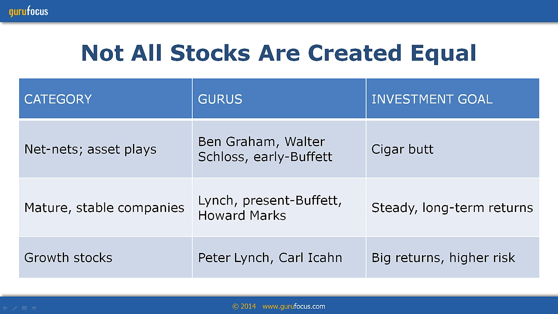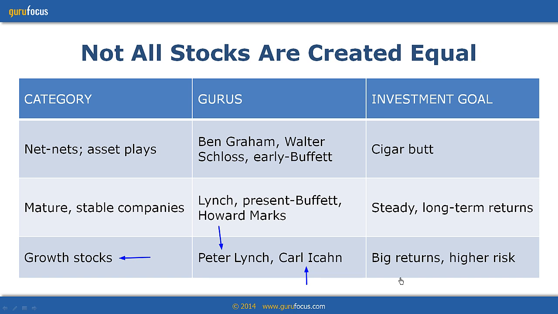And then finally is the category of growth stocks. And this category is always tough for value investors because we want to pay rock bottom prices for stocks, and that opportunity is not often there in the growth category. Now, Peter Lynch is probably one of the most successful growth stock investors of all time. Carl Icahn's another big fan of growth stocks, but these are really big return, higher risk investments.